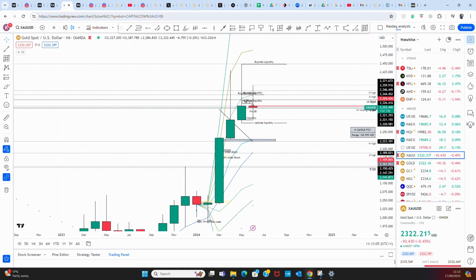So 2360 is a key area to keep getting tapped into. Weekly.